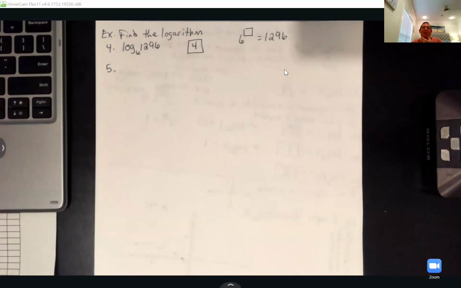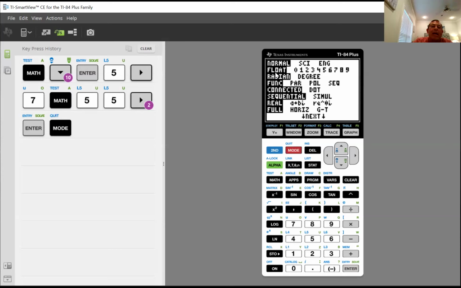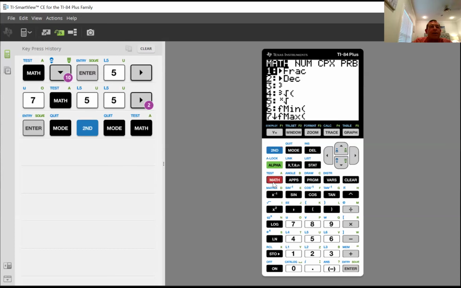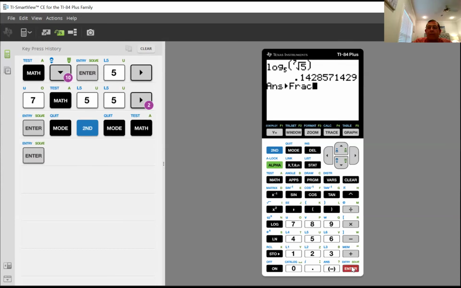Because when I hit enter, now Vidi, let me tell you what's happening on you right now. You're rounding off still. So go to mode and make sure you're highlighted float. All right, now watch this. I'm going to hit math and enter twice and turn that decimal into a fraction. Good job, Reed. That is definitely 1/7.